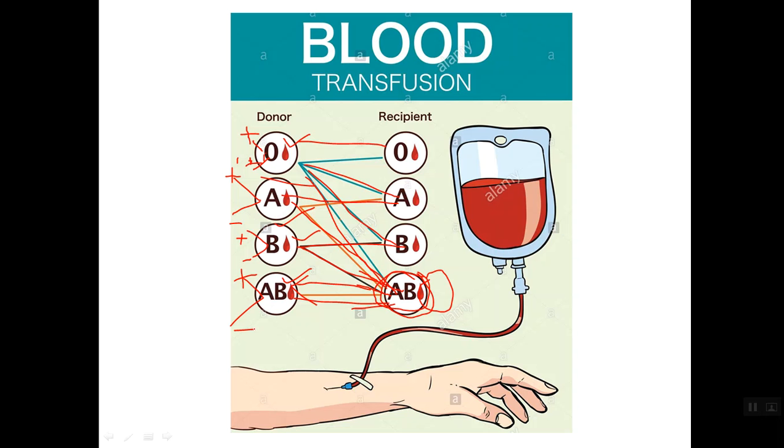So that's why we should know the blood group antigens and blood typing. Blood typing should be done very carefully to avoid such accidents, as wrong identification may be fatal for one's life.